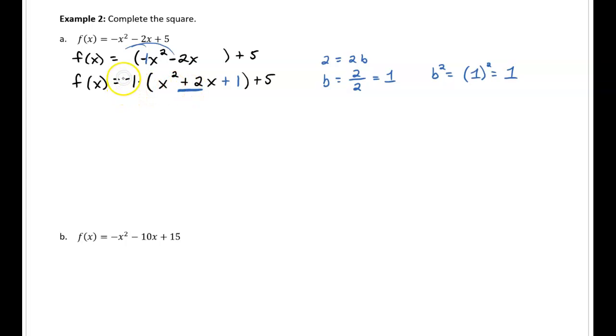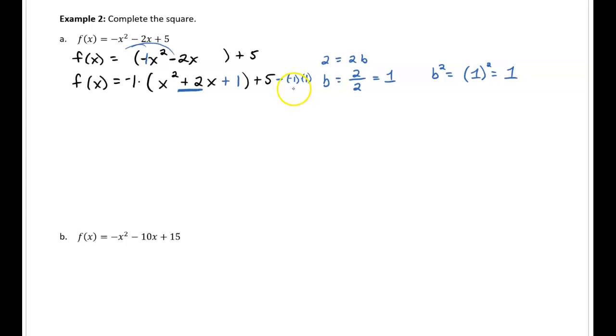So what I'm really doing is adding 1 times this negative value in front here. So 1 times that negative 1. So if I need to subtract that, I need to subtract exactly that same calculation. So I'm going to say minus negative 1 times the 1 from the inside here.